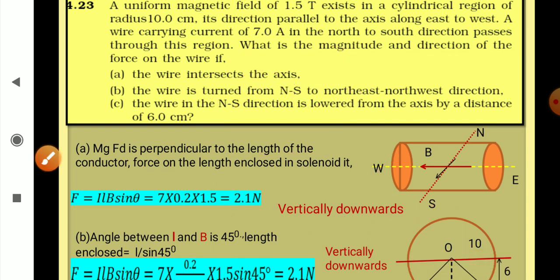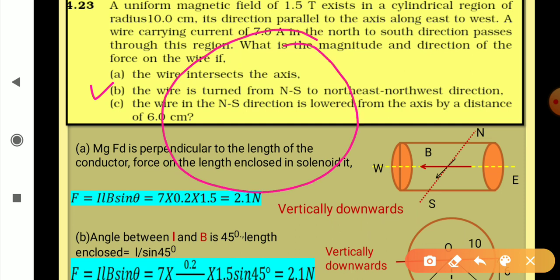Okay. Now comes the next problem. Part B. The wire is turned from north-south to northeast-northwest direction. Now again, just try to imagine the situation. Here, the initial position of the wire was this one, and magnetic field is directed normal to this plane.